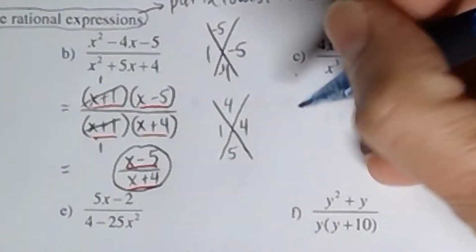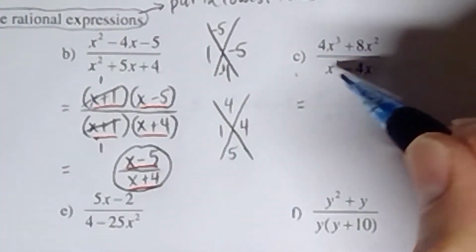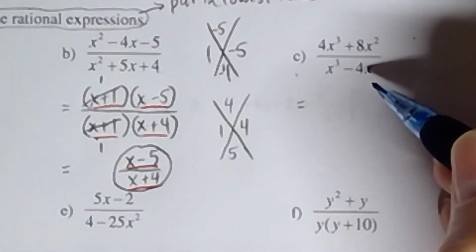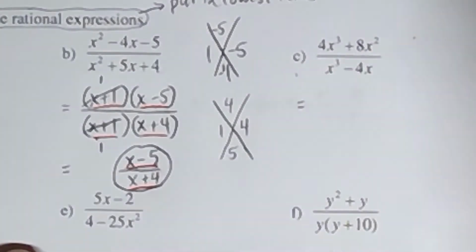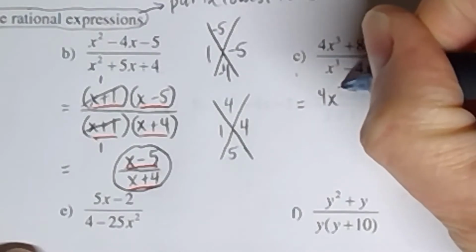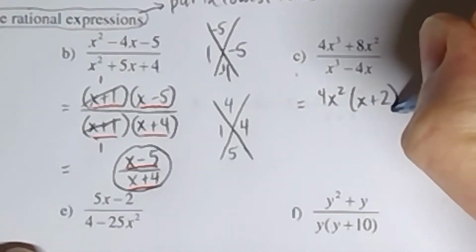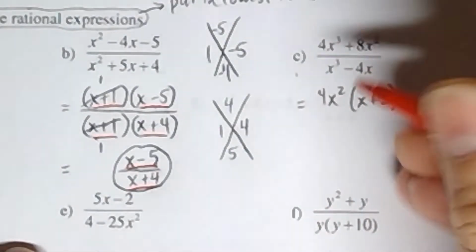Let's keep going here. We got more than one term on both the top and the bottom, so that should automatically tell you guys that, hey, we have to factor everything before we even think about canceling. Okay? So on the top there, I get a GCF of 4x squared with a bracket of x plus 2. By the way, that x plus 2 is prime.